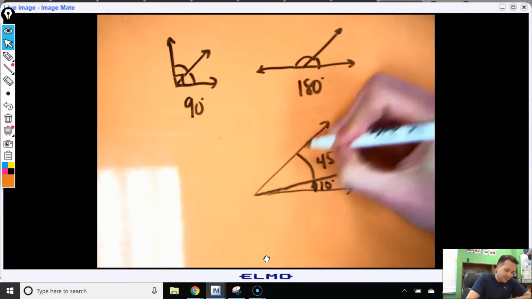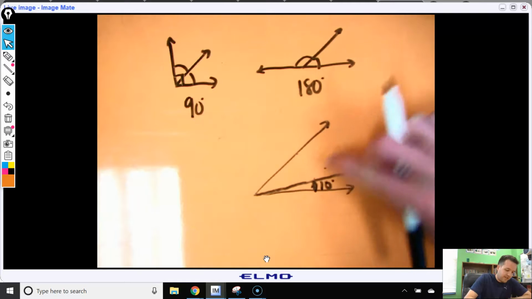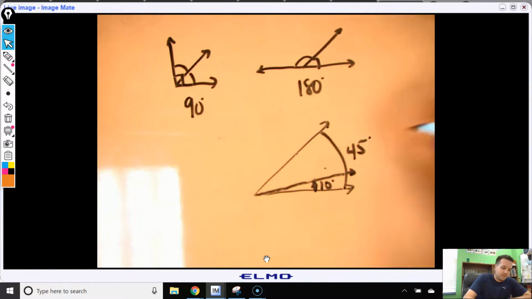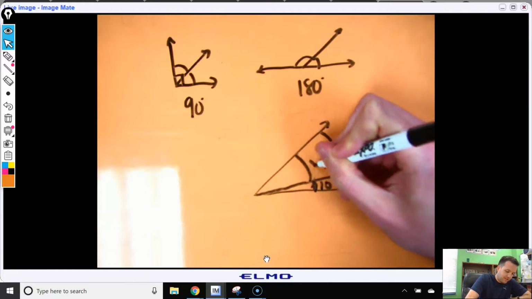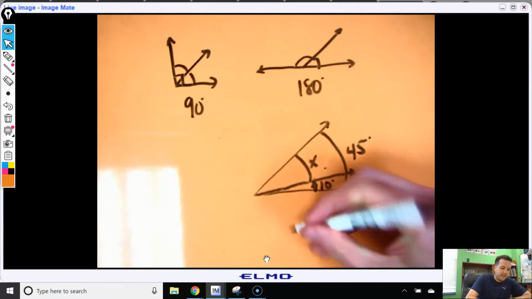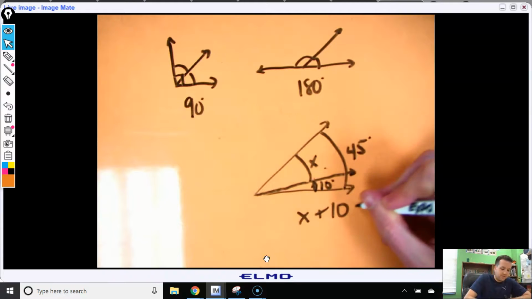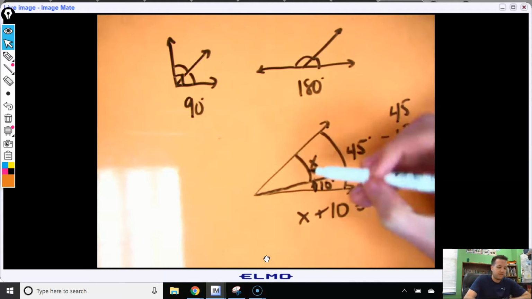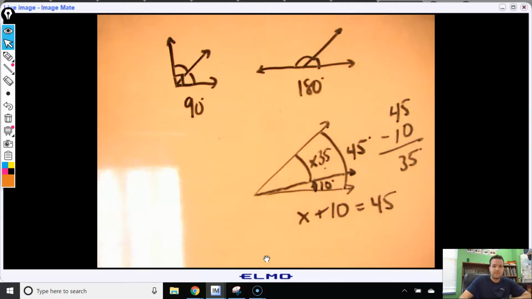And then I was asking you, if I know that this entire angle is 45, then from here to here is angle X. Wouldn't you agree that these two pieces, when added together, X plus 10, will give me 45? So in order to solve for X, I would do 45 minus 10, and that would give me 35. Notice no protractor needed. I could figure out that this is 35 degrees.